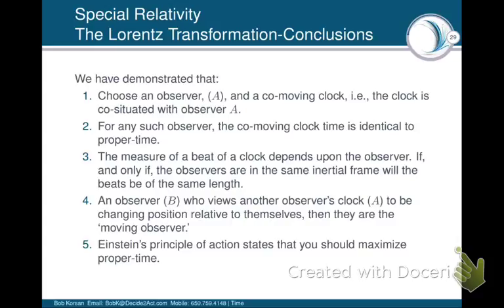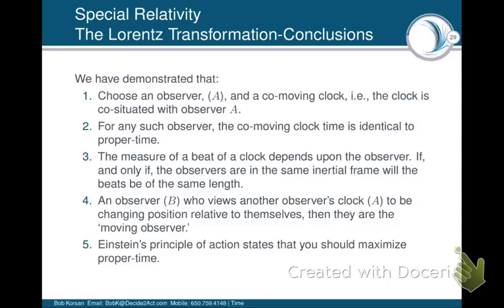If and only if the observers are in the same identical inertial frame will the beats be of the same length. So if they're co-situated, then they will have the same beats.